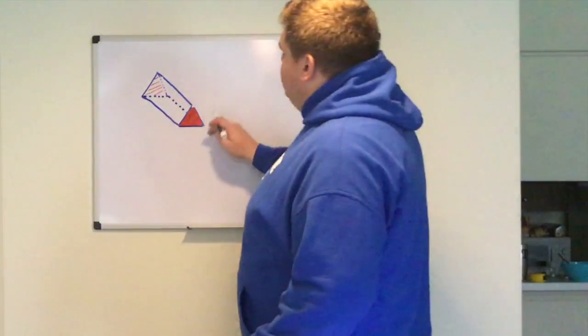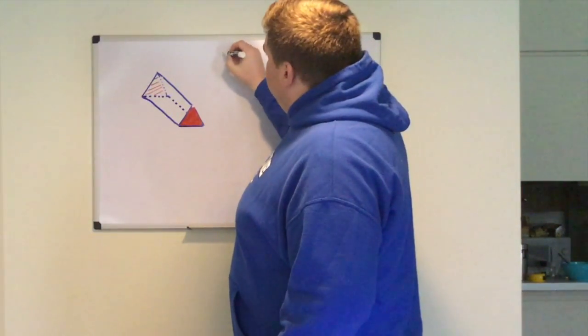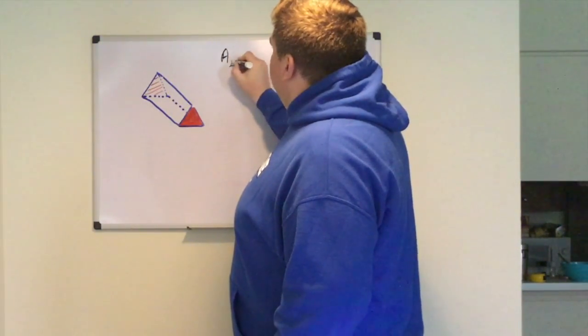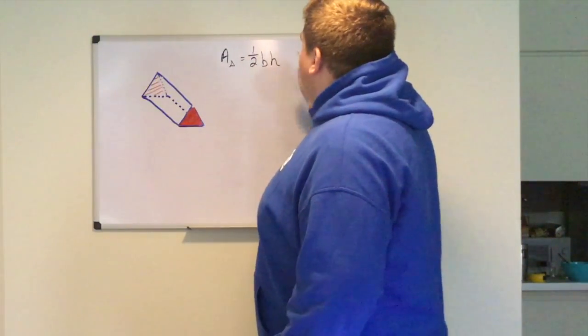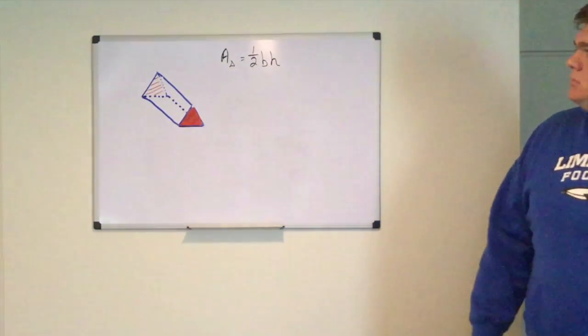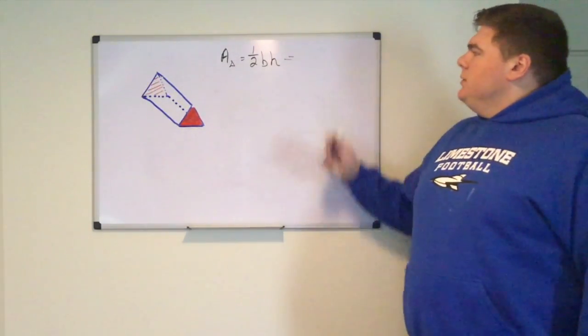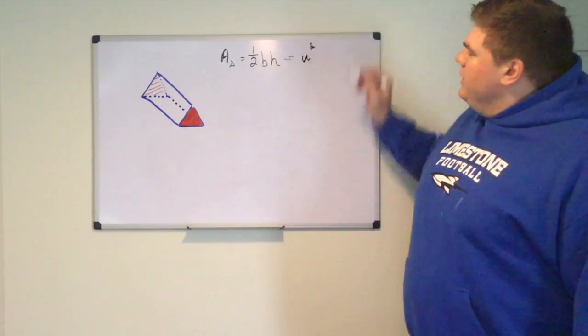So in this case, each of our faces is a triangle, so we need to start with the area of a triangle. So the area of a triangle, if we remember, is 1/2 base times height. All right, so right now this is in, let's say, units squared.